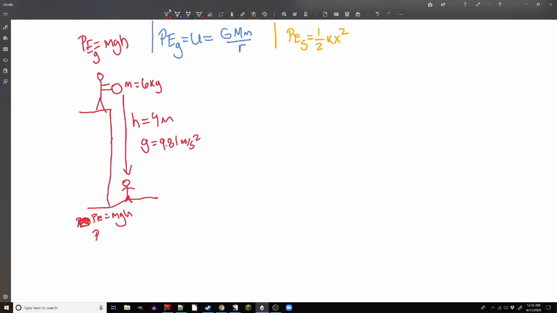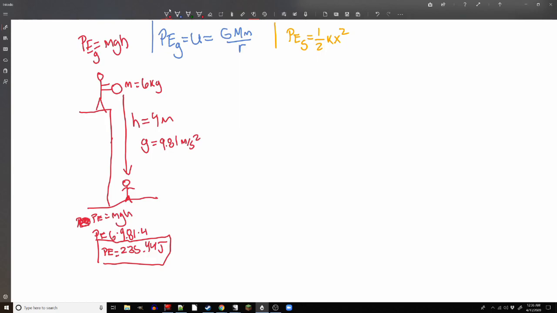So the amount of PE it has is going to be 6 kilograms for m, g is 9.81 meters per second squared, and h is 4 meters. I'm going to plug that in my calculator here. 6 times 9.81 times 4. I get PE is 235.44 joules. That's the amount of energy it has.